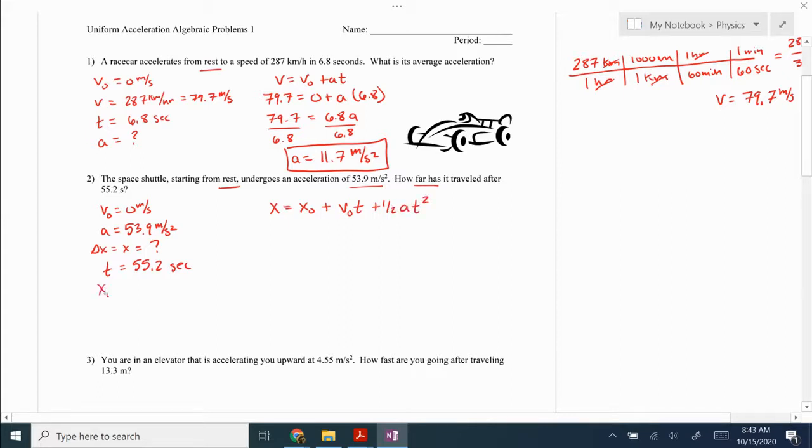We can set x naught equal to 0. The reason we can do that is, we have a space shuttle. So if you kind of imagine the space shuttle, we'll say it starts here, and we would like to know how far it's gone upwards in that amount of time. So we'll just say that the ground is 0 and that whatever its position is at the top is what we're solving for. So that means we're looking for x, put a 0 in for x naught, 0 in for the initial velocity.